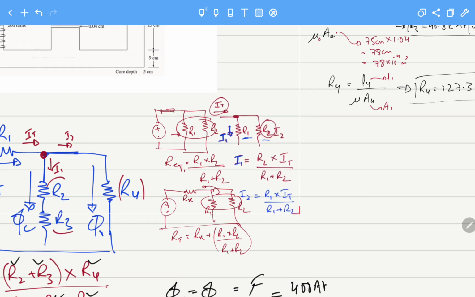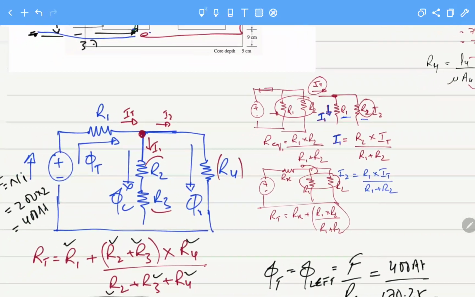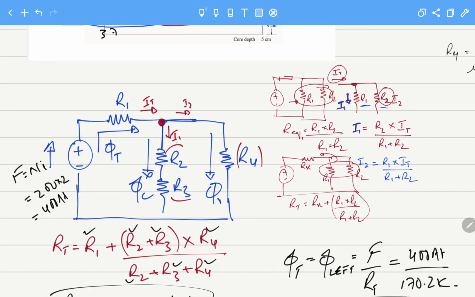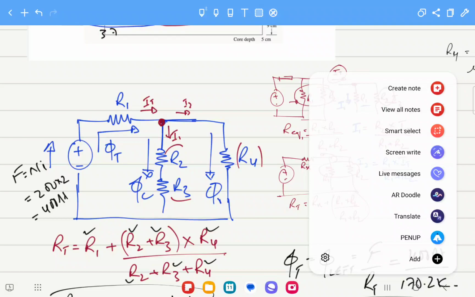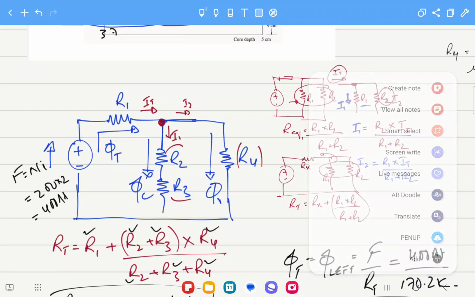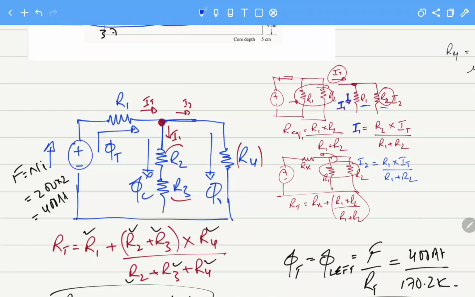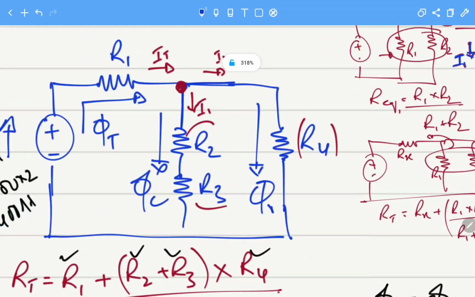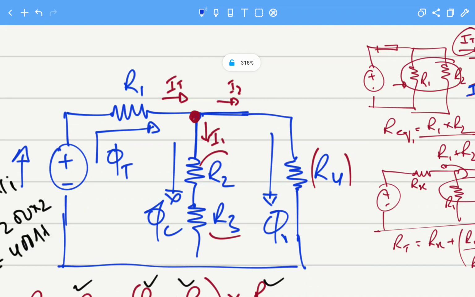Now let's look at our circuit, and if we want to apply the current divider rule here, as I have explained, what should be the flux in the center? That is equal to I1.